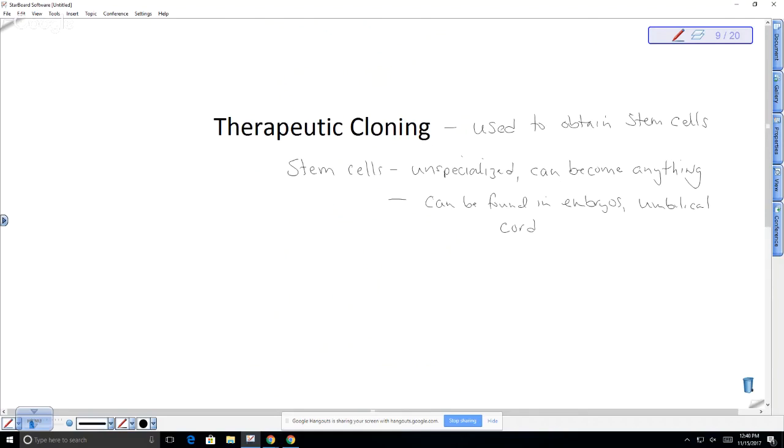But it's very expensive. You can send your umbilical cord away, but you have to pay them money to keep those cells frozen, right? And then you might actually never use them. Okay. So they can also be found in most tissues.